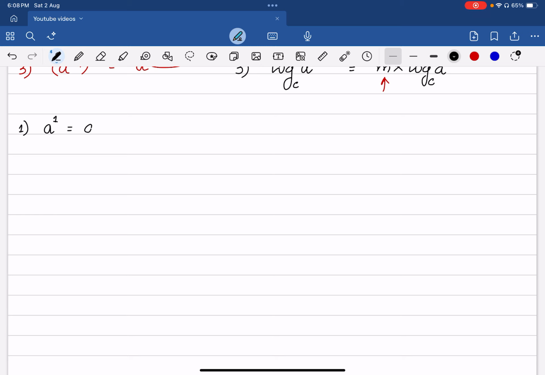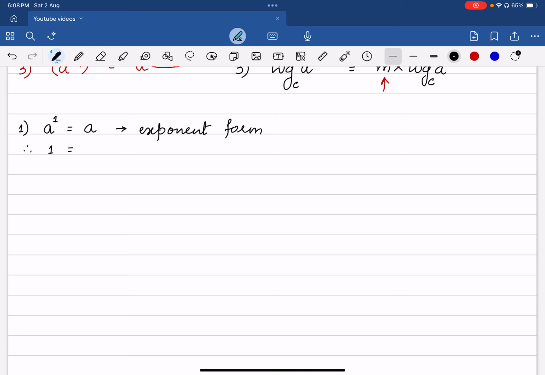The result is a, or that thing itself. Correct? Now, do you see that this looks more like the exponent form?